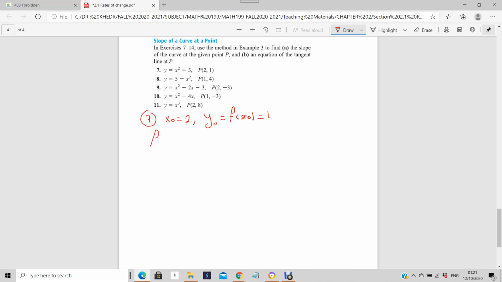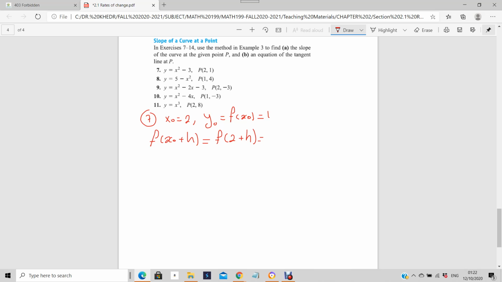We need also to write f of x0 plus h, which is actually f of 2 plus h. How to find this? This is the function f of x, y is f of x. So we need to substitute here x by 2 plus h.